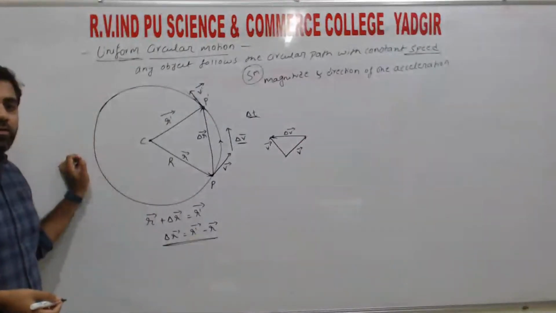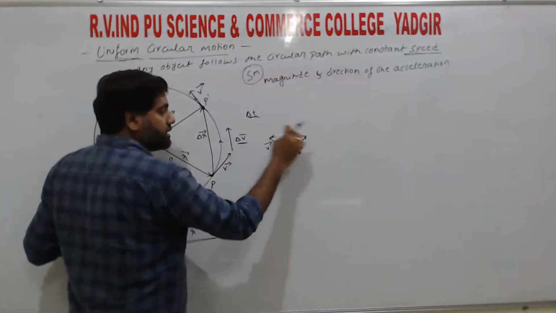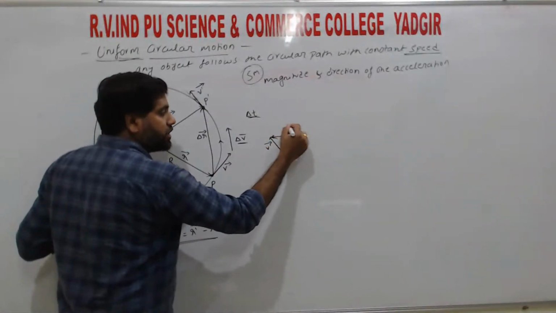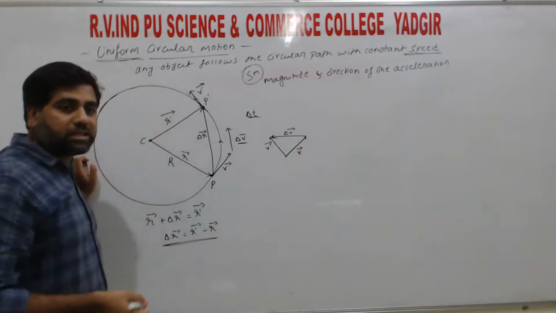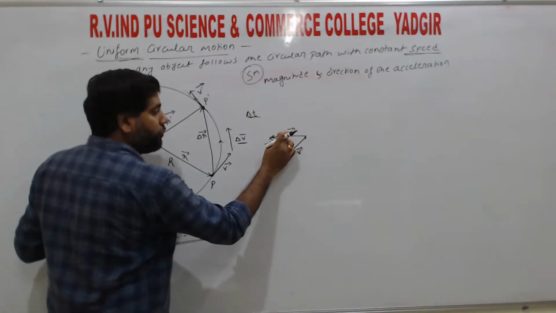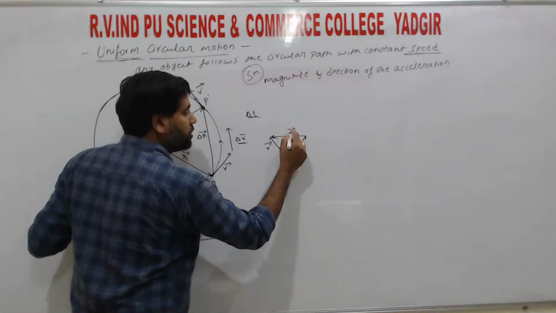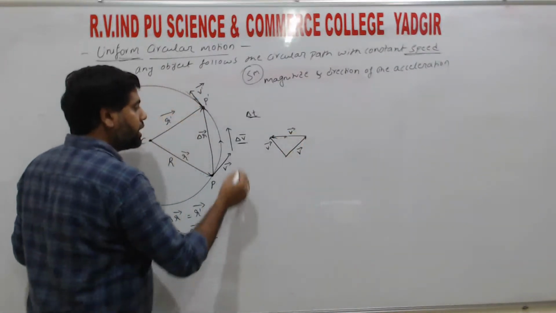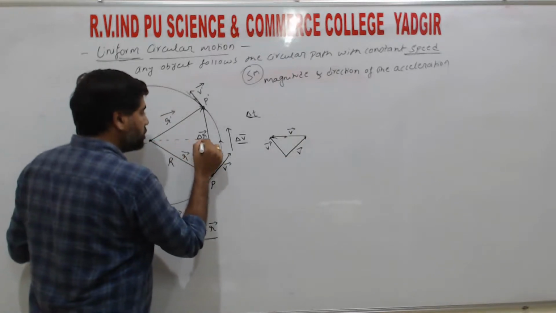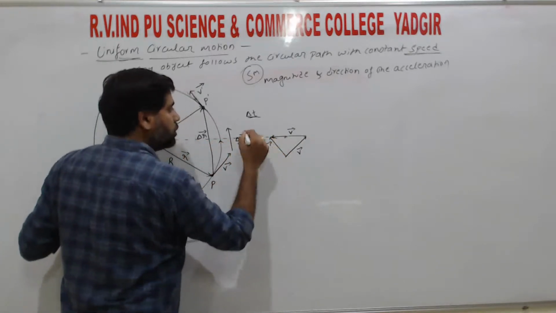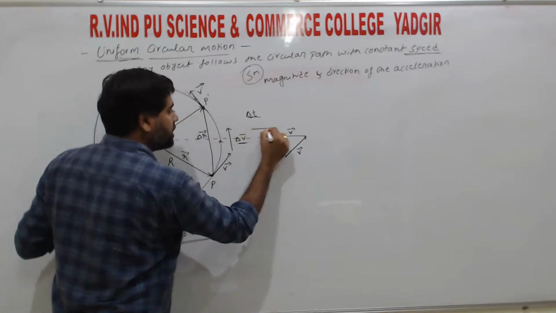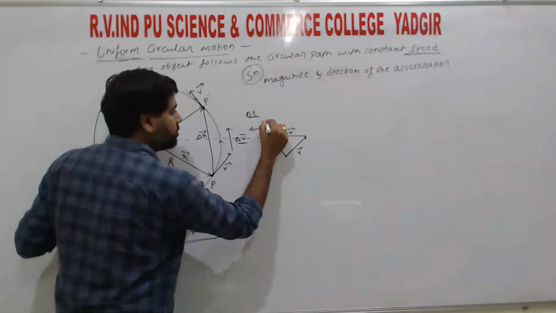The instantaneous acceleration is in the direction of delta V. If I draw the normal, the direction of the acceleration is in this direction.